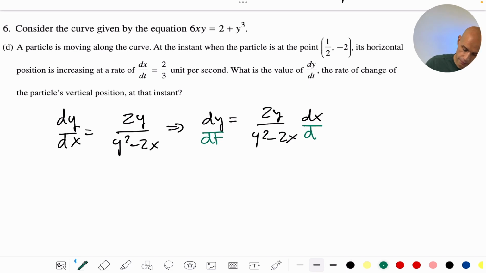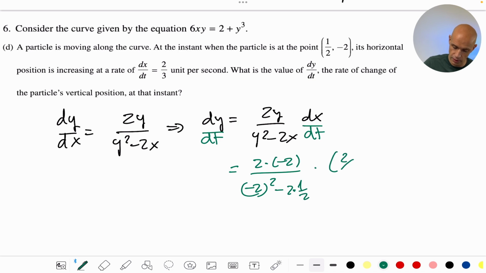Now it's 2 times -2, over -2 squared minus 2 times 1/2, multiplied by the 2/3 here. And this is equal to -4 at the top, and 4 minus 1, multiplied by 2/3.